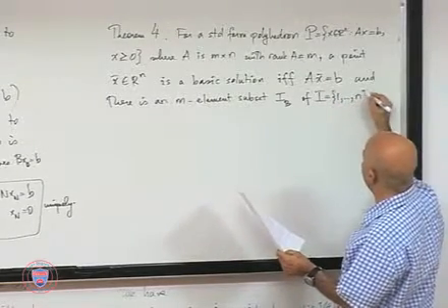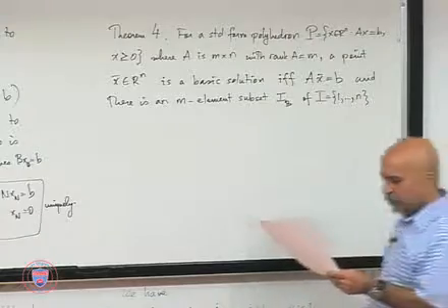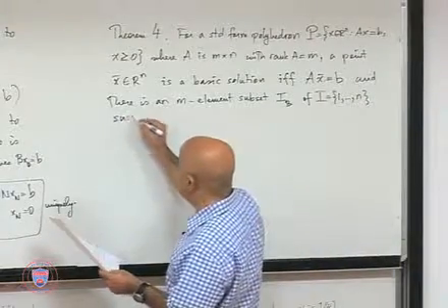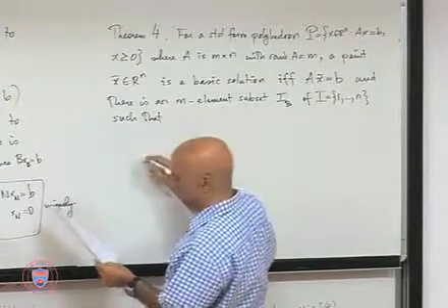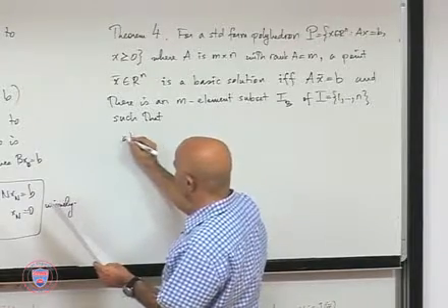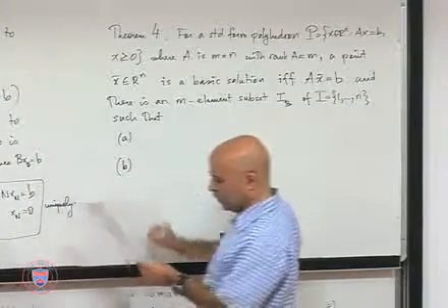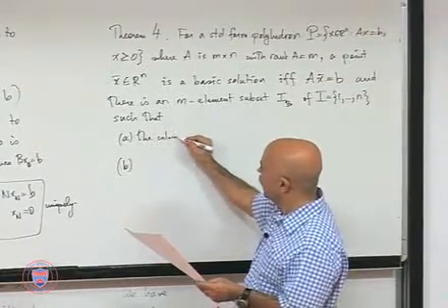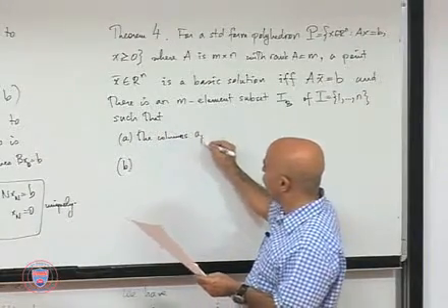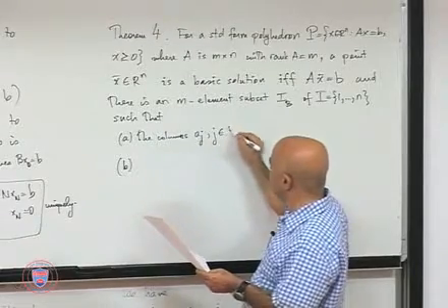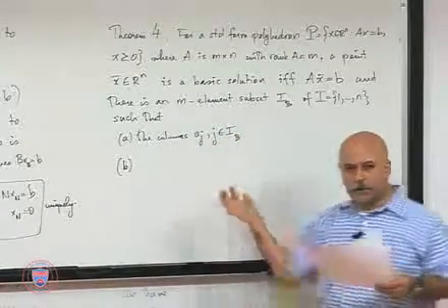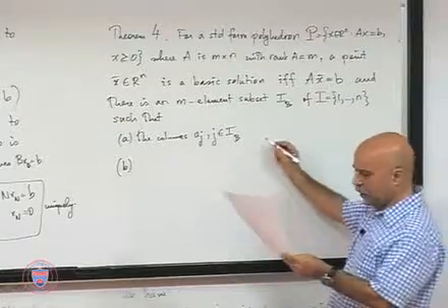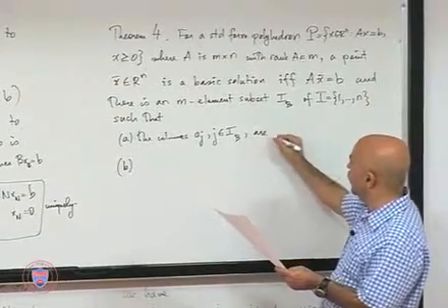consisting of all column indices such that two conditions are fulfilled. A: the columns A_j for j in I sub B, these are the columns that go into the B matrix, are linearly independent.